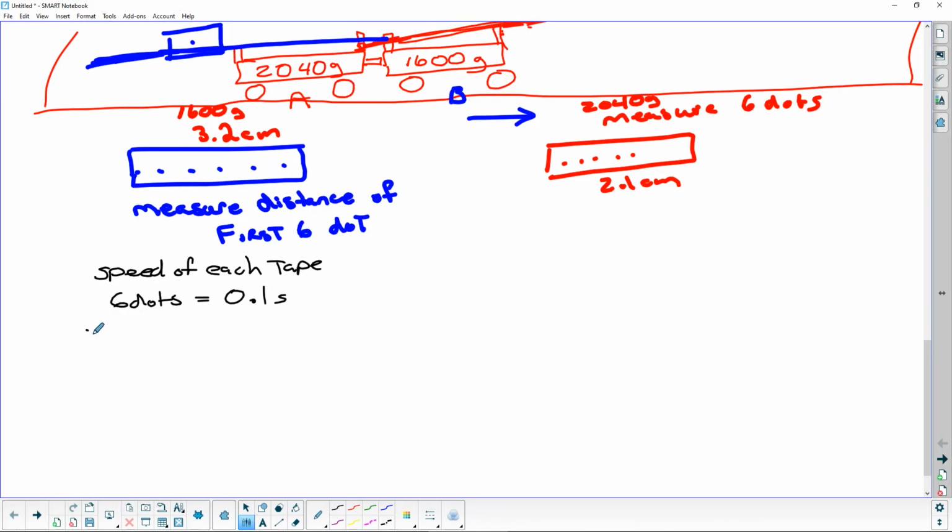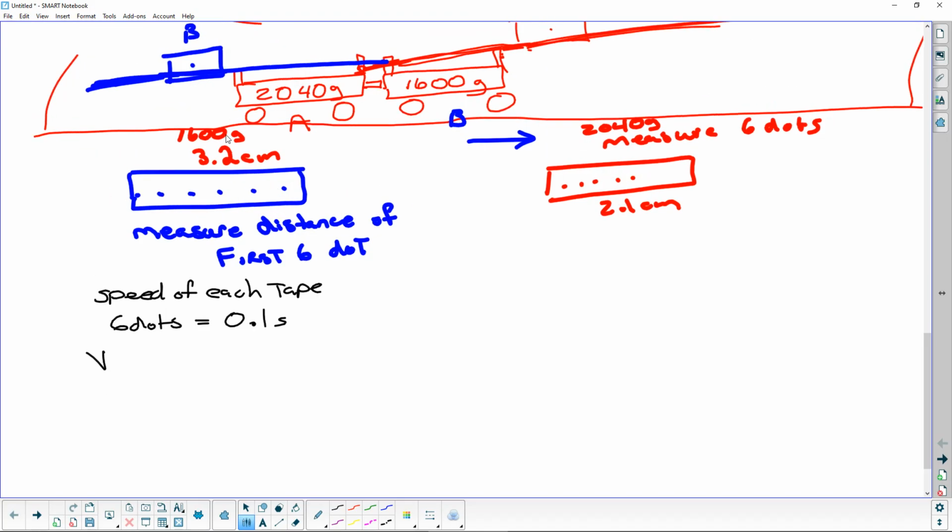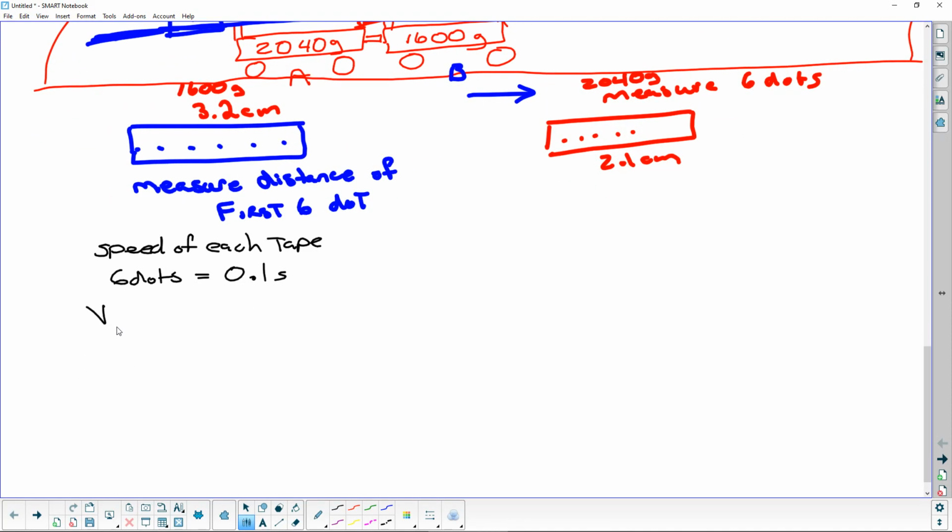So if I'm doing the velocity of the cart, the blue one I called cart B, that would be the distance of B divided by the time. So it'd be 3.2 centimeters divided by 0.1 seconds equals 32 centimeters a second.